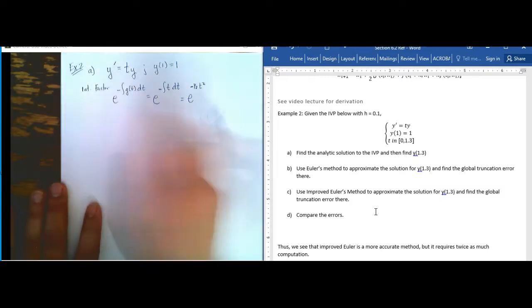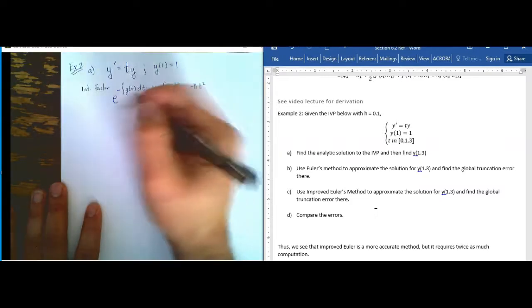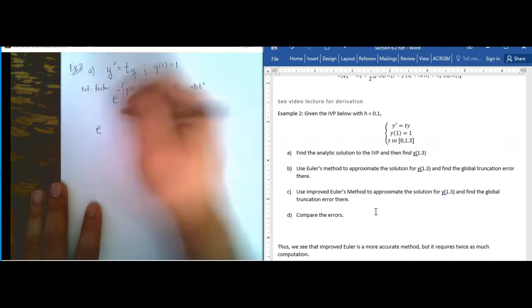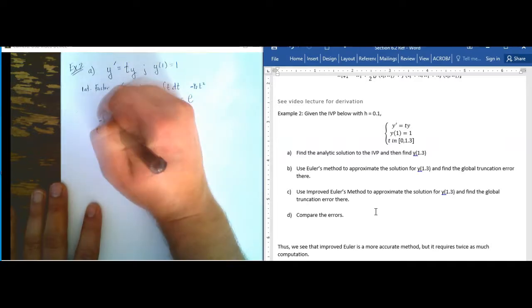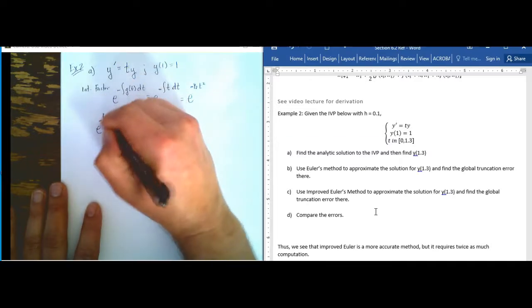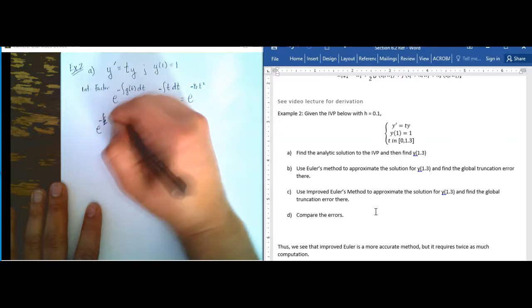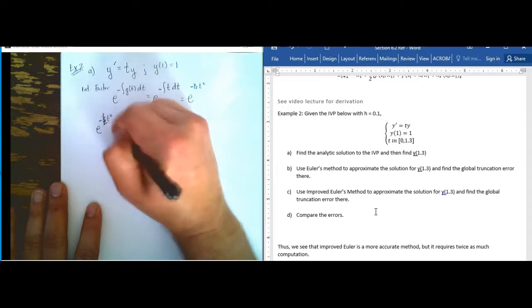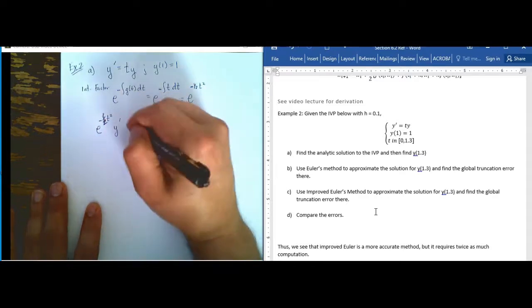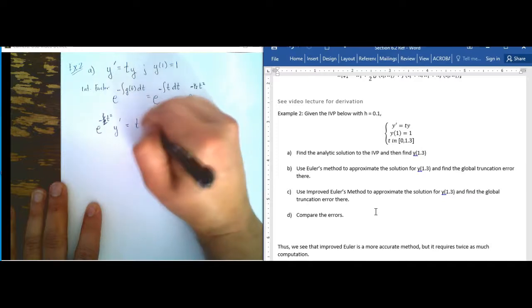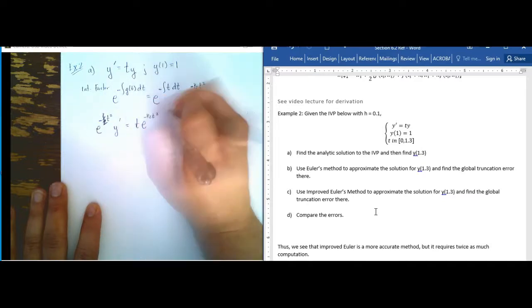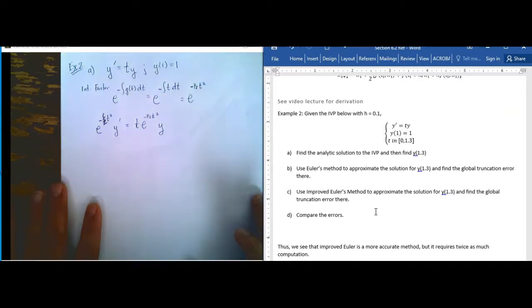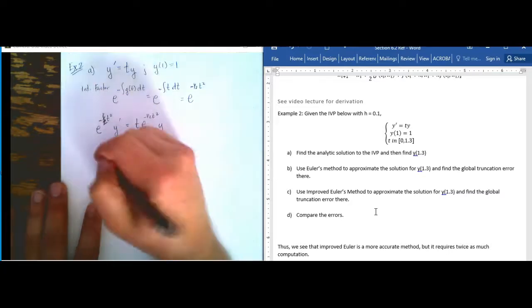All right, so multiplying each side by the integrating factor gives us e to the negative half t squared y prime equals t e to the negative 1/2 t squared y. All right, so I'm going to move this term over.